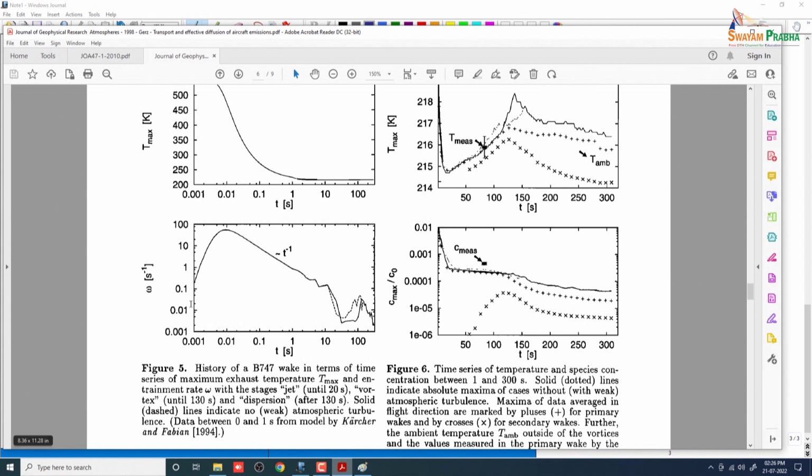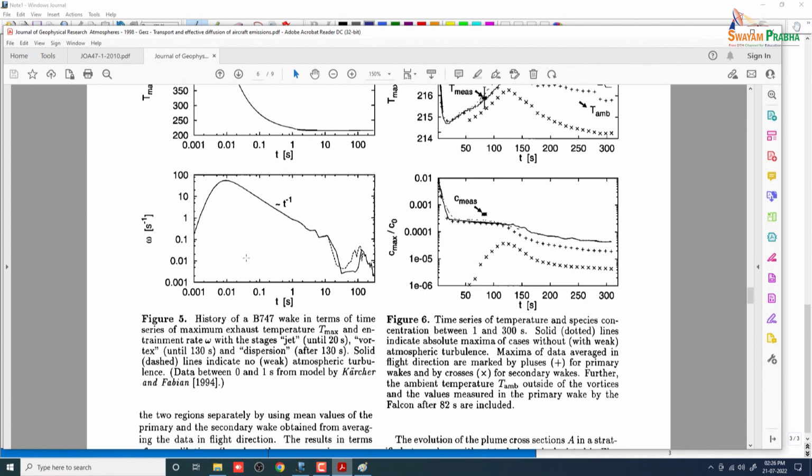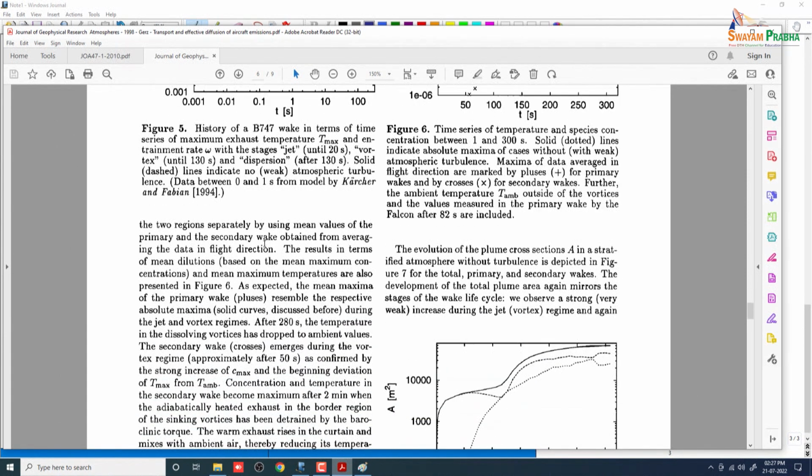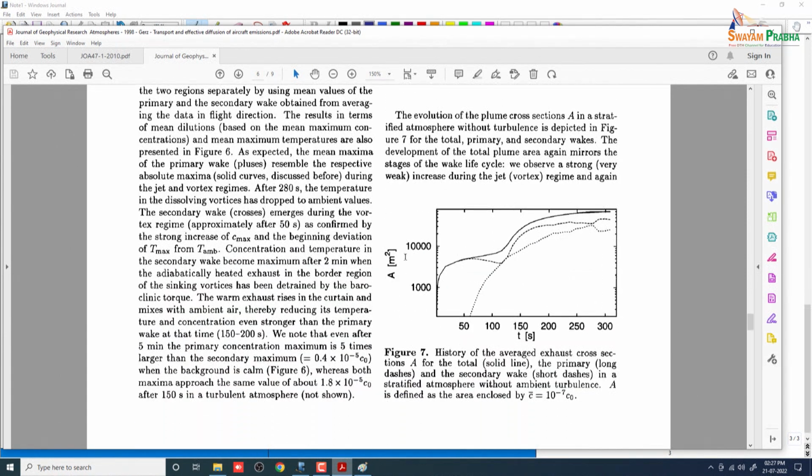Now the vortex regime lasts until 130 seconds, and dispersion is after 130 seconds. The solid lines indicate no atmospheric turbulence, versus the dashed lines. Then here is the history of the average exhaust.